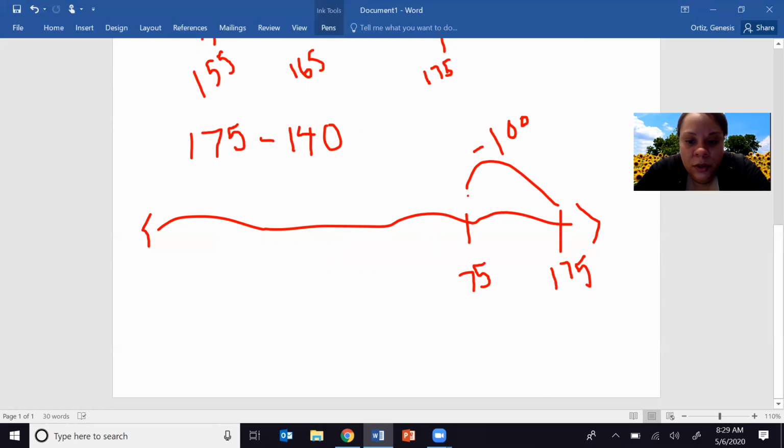Then subtract 4 tens, which is the same as 40. Minus 40, which is 35. Sorry, that was sloppy. So then do I have any ones? Nope. So that should be my answer.